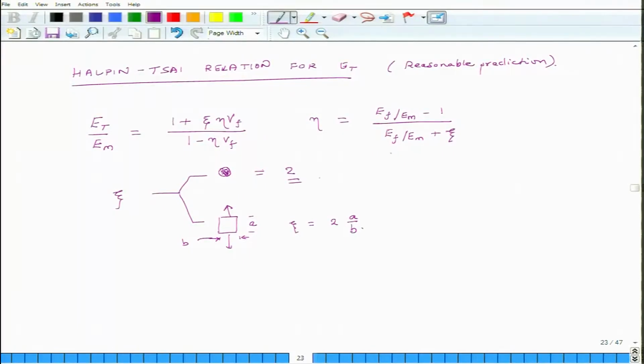From this you can compute eta, from eta you plug it in this relation and you can find ET, which is the transverse modulus, and this relation gives you a fairly good estimate of transverse modulus of unidirectional composites, and that is pretty much what I wanted to cover for today.